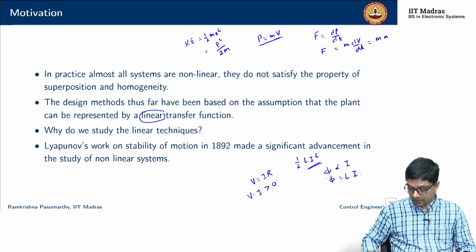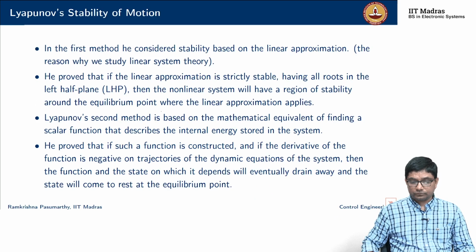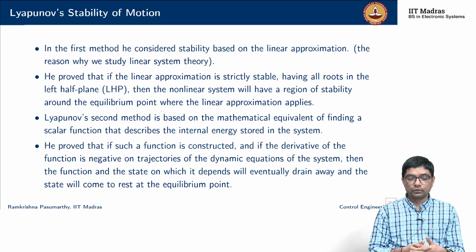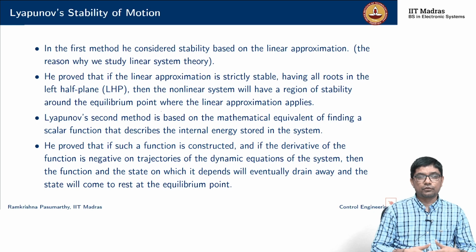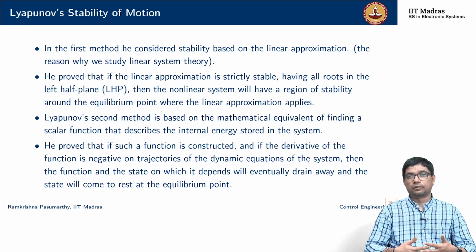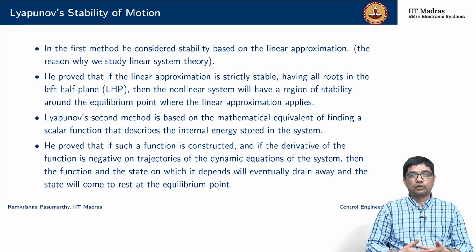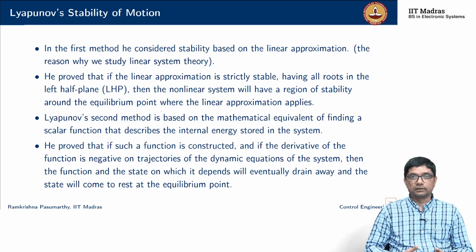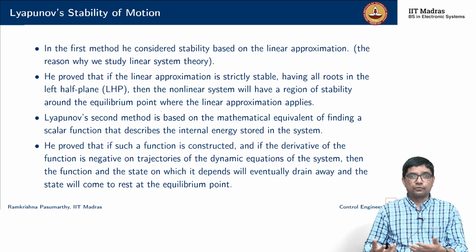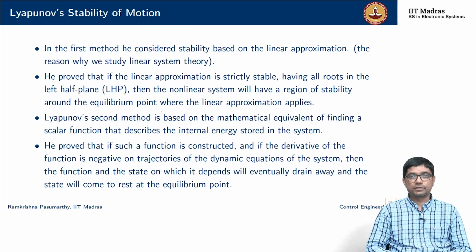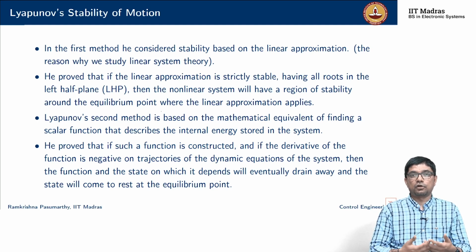So we will see the first method of Lyapunov stability. Of course, we will not go into the details of this. A large amount of Lyapunov literature can be found in nonlinear systems analysis. Maybe a full course on nonlinear systems would have a lot of emphasis on Lyapunov stability. If you look at any control literature, any paper which talks of stability has to talk in the context of Lyapunov.